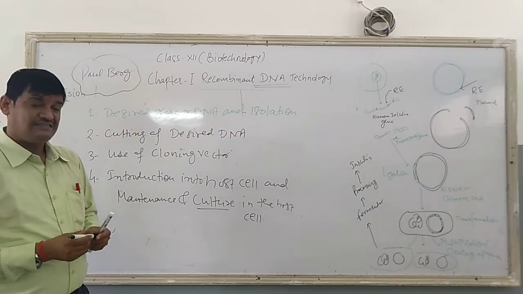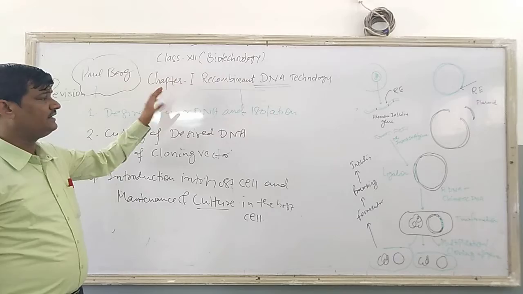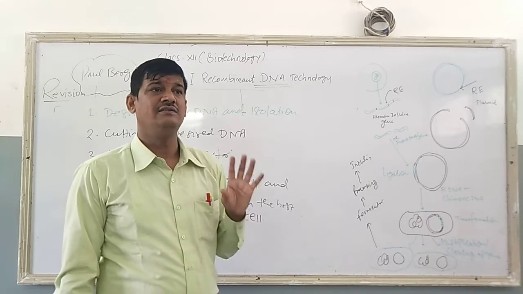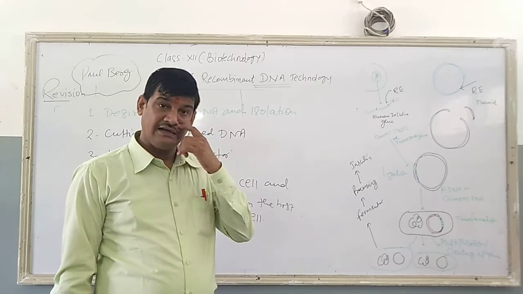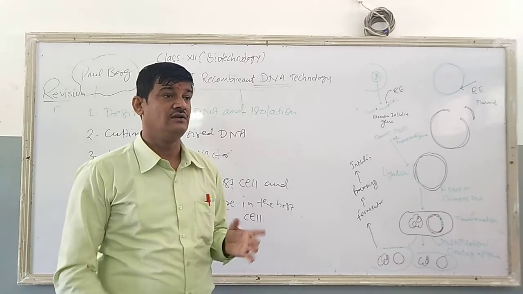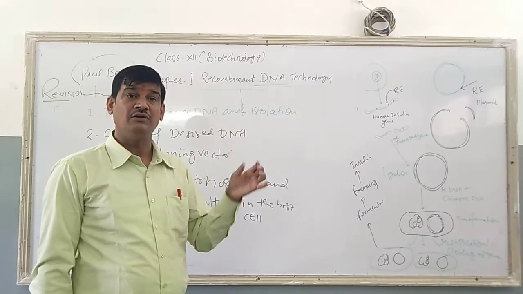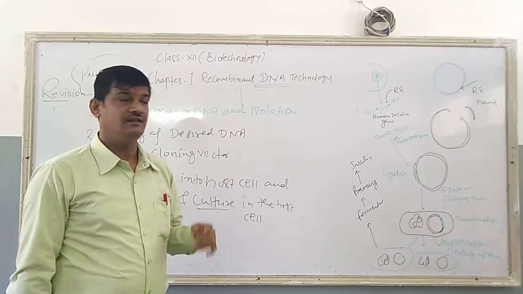So the steps involved in recombinant DNA technology are, first of all, we have to find out the desired gene, the desired chromosome or the gene or the DNA which we want, what kind of traits we want to transfer in the host.